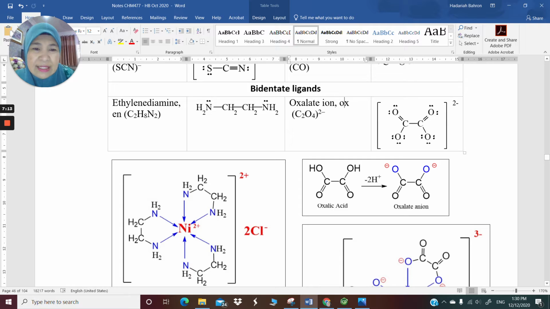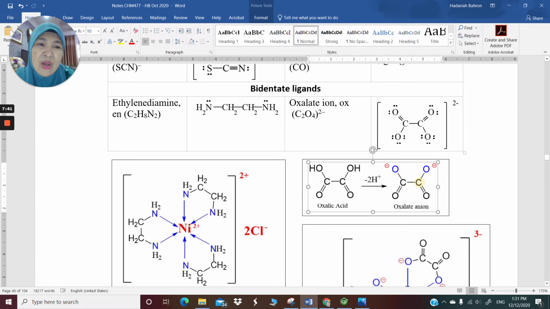Oxalate comes from oxalic acid. Again, this picture is not in your notes, so you can draw it yourself. This is oxalic acid that has deprotonated, these two hydrogens leaving, giving you an oxalate ion.